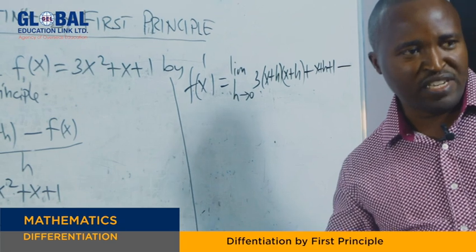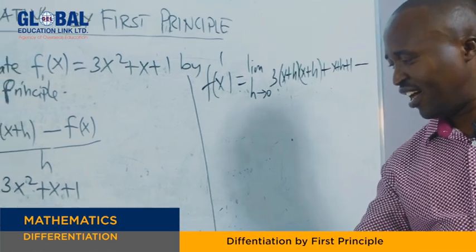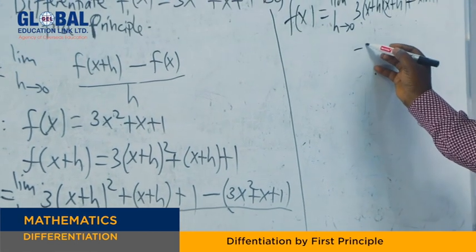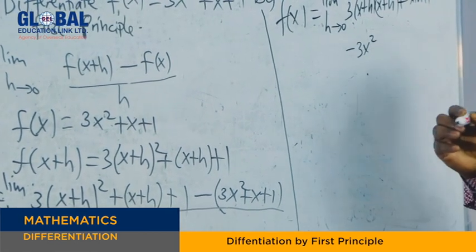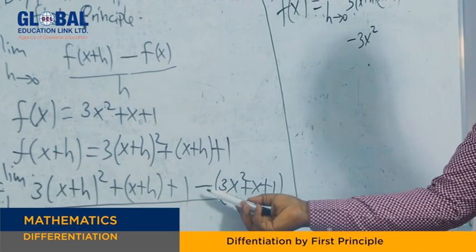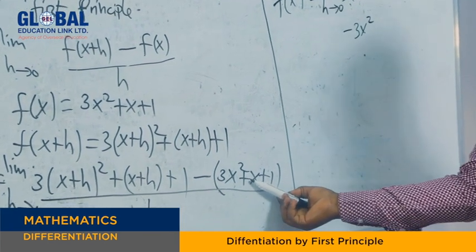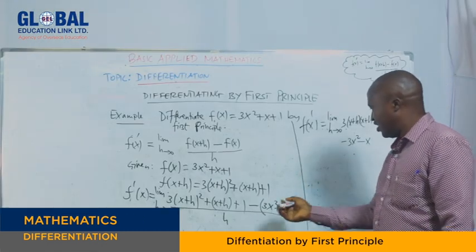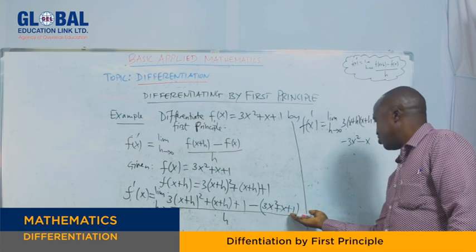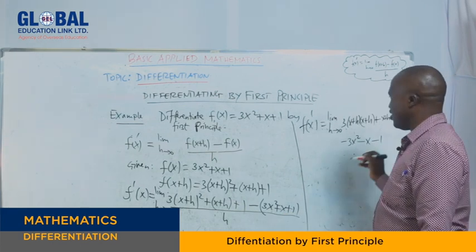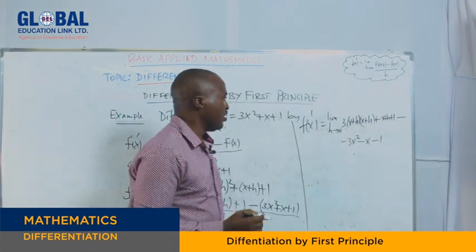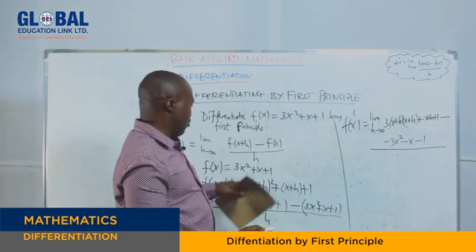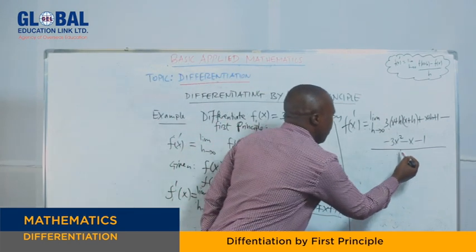So here now we open up the bracket by saying minus times 3x squared. We are going to have minus 3x squared. And again, minus times positive x, that is minus x. And the last one will be negative times 1, we have negative 1. But the whole expression will be over h. So here you divide by h.